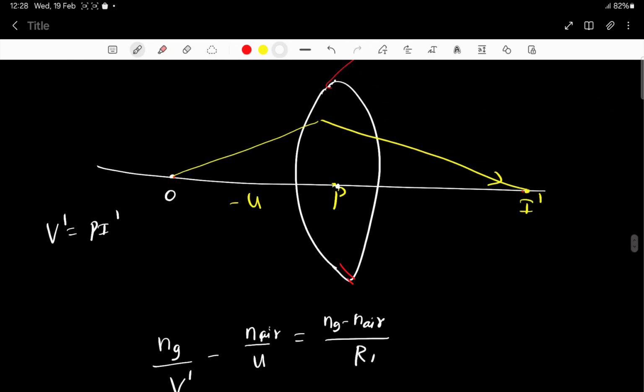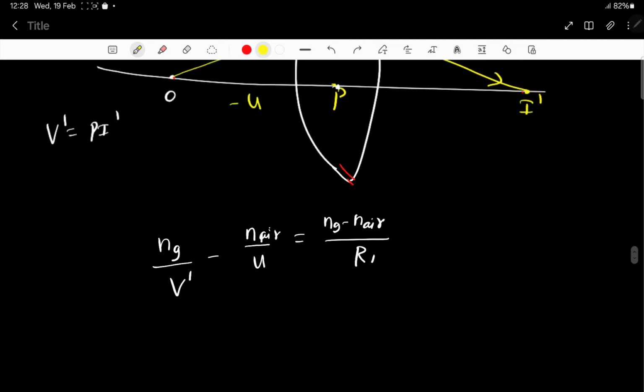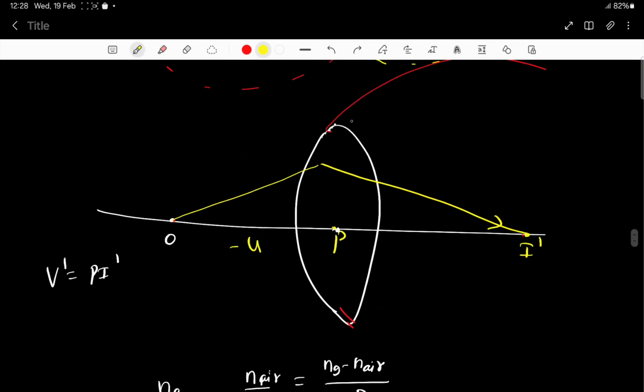Everything is fine. Now imagine, we didn't have only this surface alone, we have the presence of the other surface also. To study the effect of this surface and its presence, consider this surface now. This image is going to serve as a virtual object to this surface. There is a difference between real objects and virtual objects.